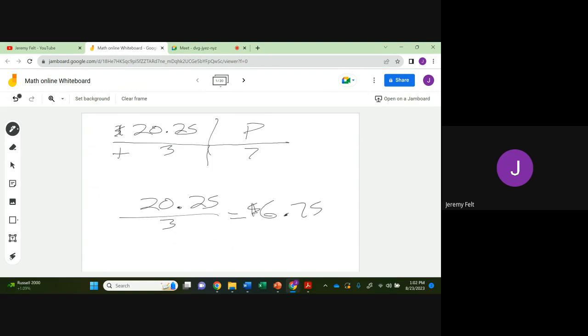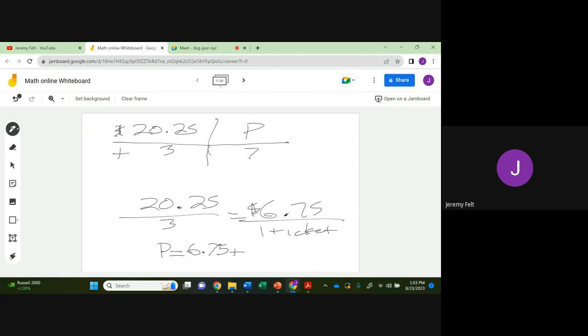So that's the price per ticket. So each ticket costs $6.75. So we could say price equals our constant. That ticket price isn't going to change. 6.75 times the number of tickets.